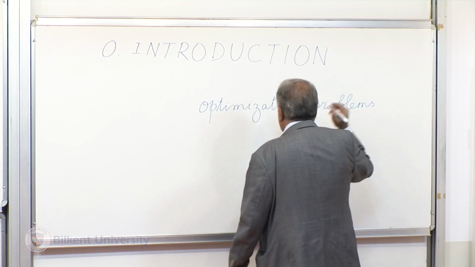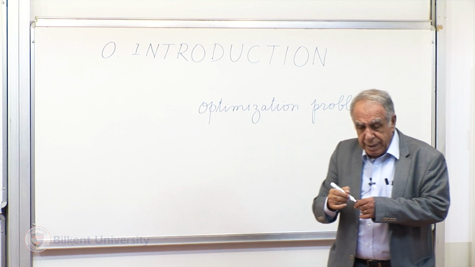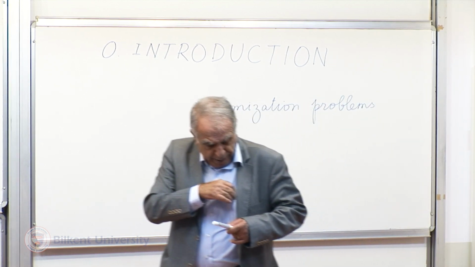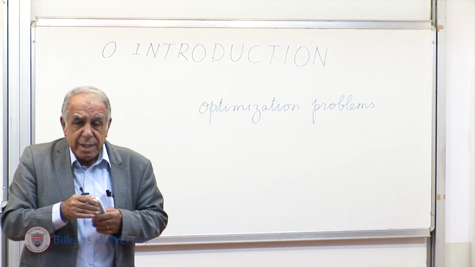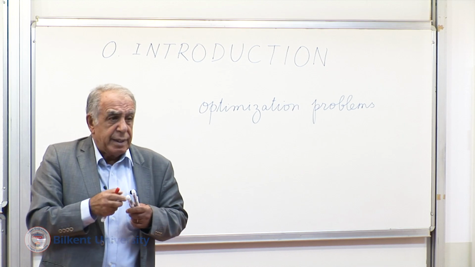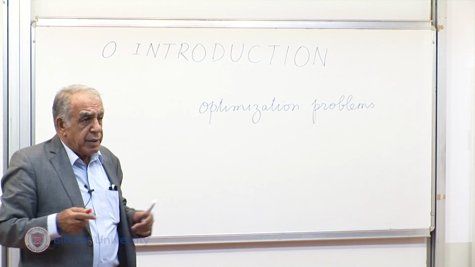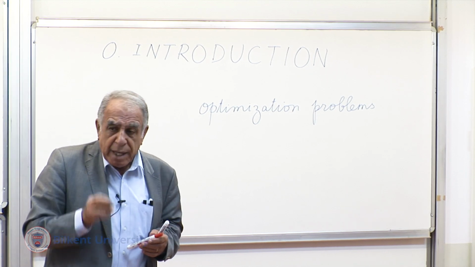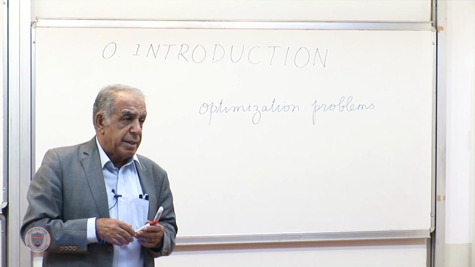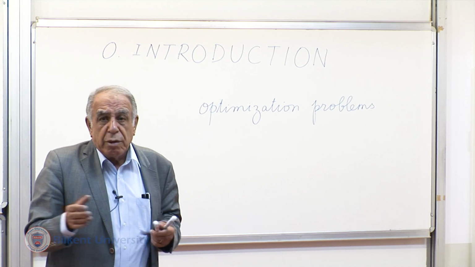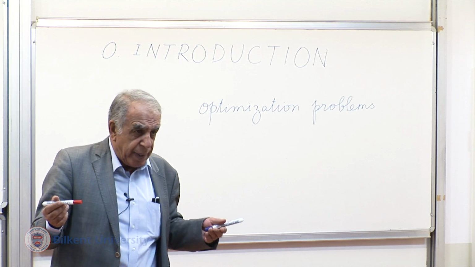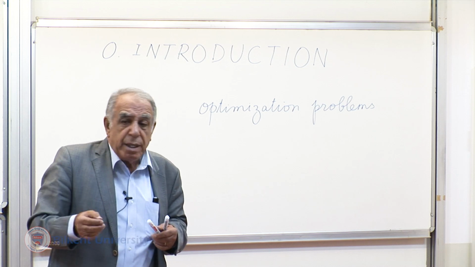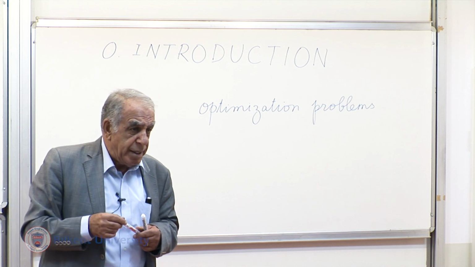But these optimization problems are most of the time constrained. That is, if you're a consumer and you wish to make a consumption plan which maximizes your utility, you're bound by your budget constraint. In production, you have feasibility constraints.